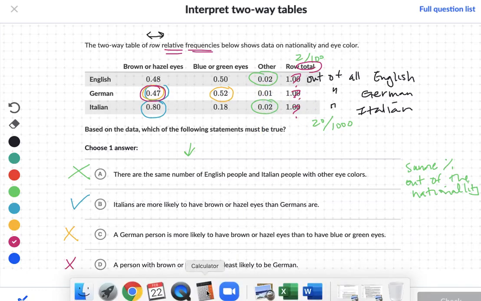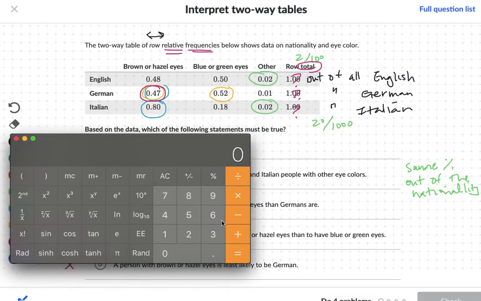It could be 2% from 2 out of 100, which is only 2 people to get that 2%. Or it could have been 20 out of 1,000 people that I surveyed, which is still also 2%. 2 versus 20 is very different, right?